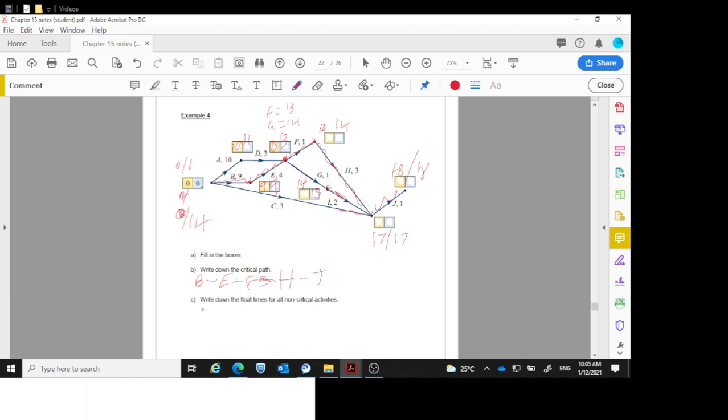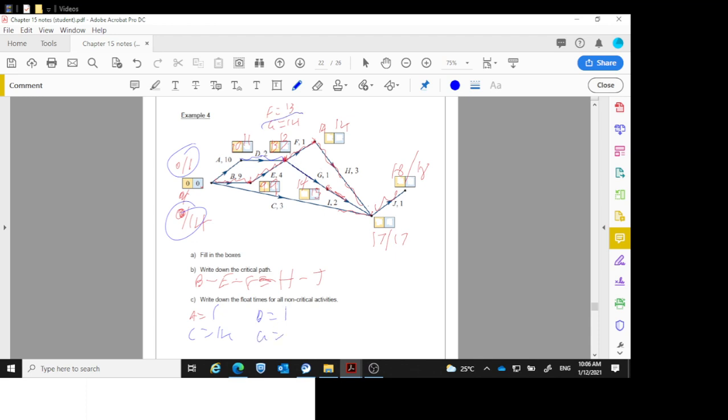The float times for the non-critical activities. Okay, so A is not on the critical path. Float time, 1, 1 minus 0. C is not on the critical path. Float time, 14 minus 0, 14. D is not on the critical path. D, float time, 11 minus 10, 1. G is not on the critical path.